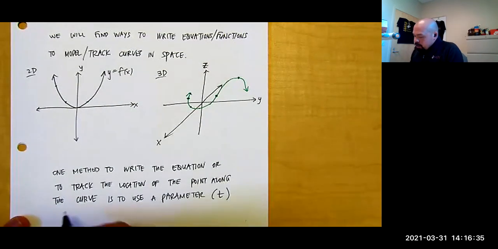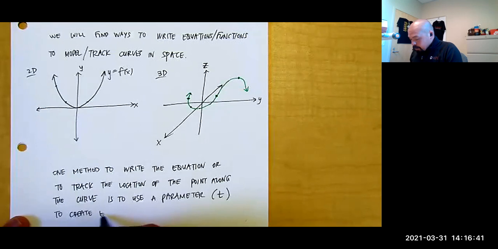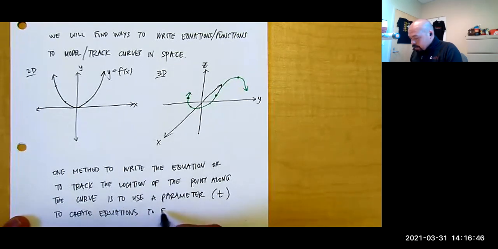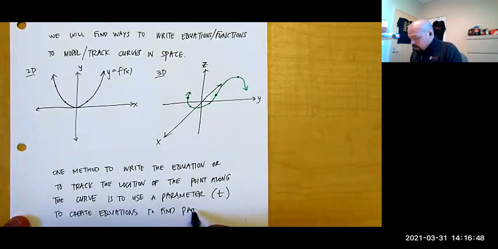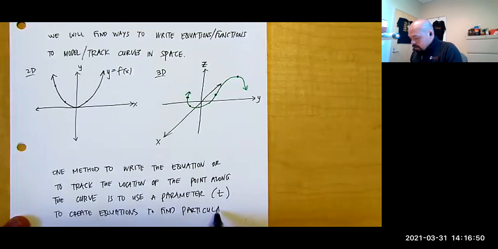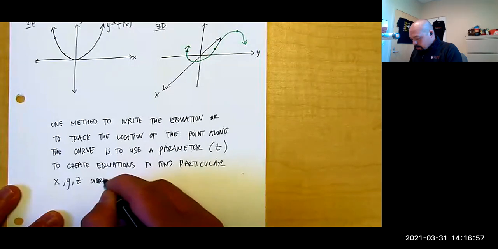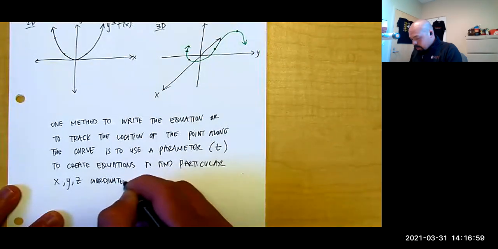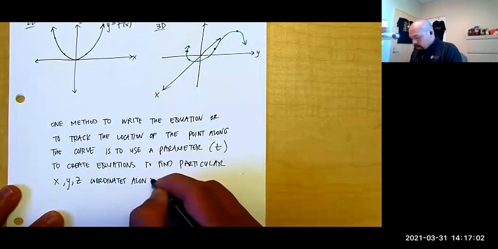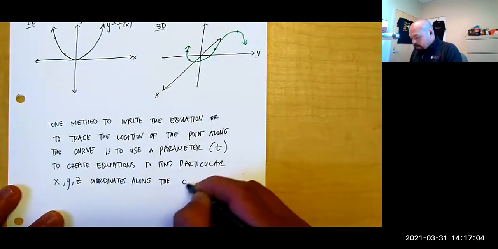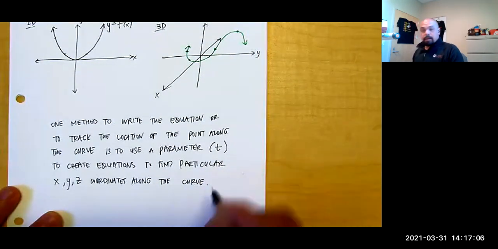This parameter t is used to create equations to find particular x, y, or later z coordinates along that curve, right?